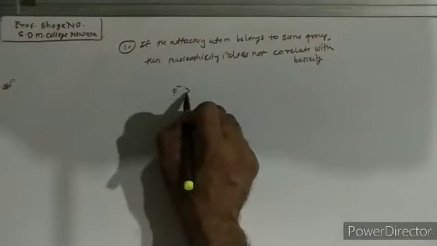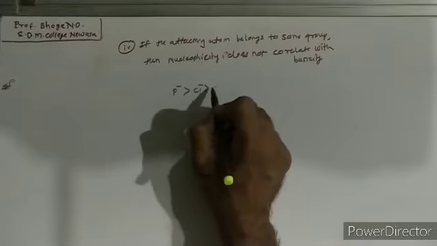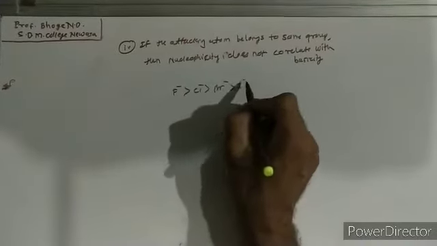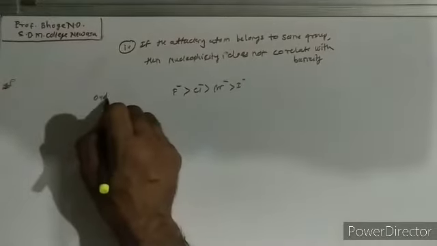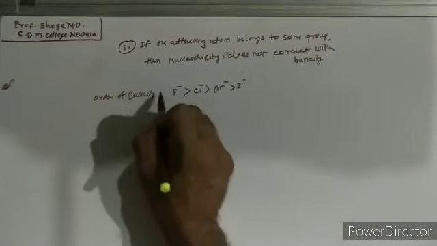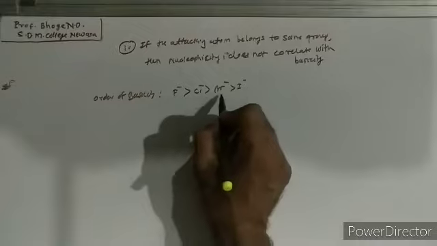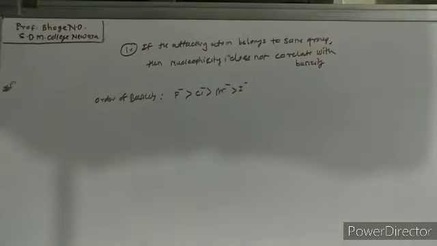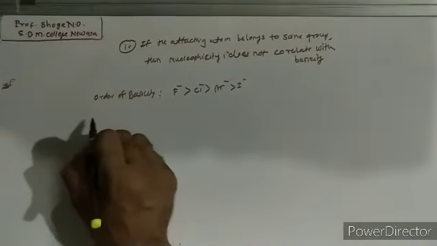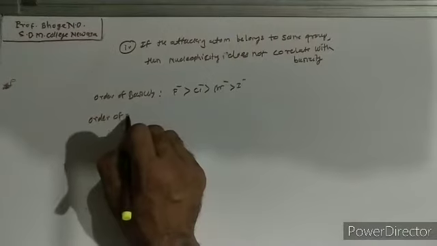For example, F minus is more basic than chloride, which is more basic than bromide, which is more basic than iodide. This is the order of basicity. If we see the order of nucleophilicity, it becomes reversed.